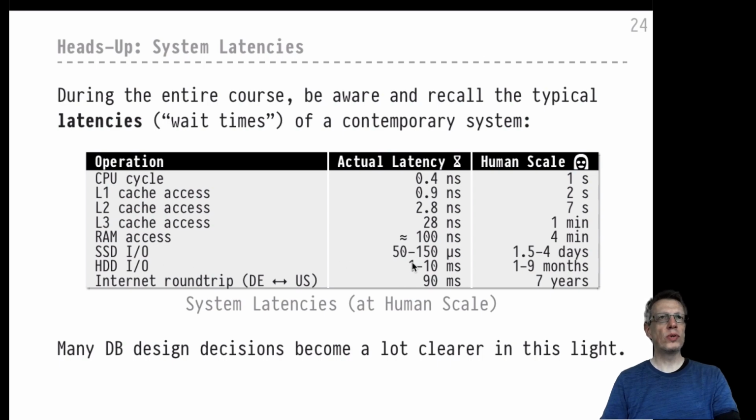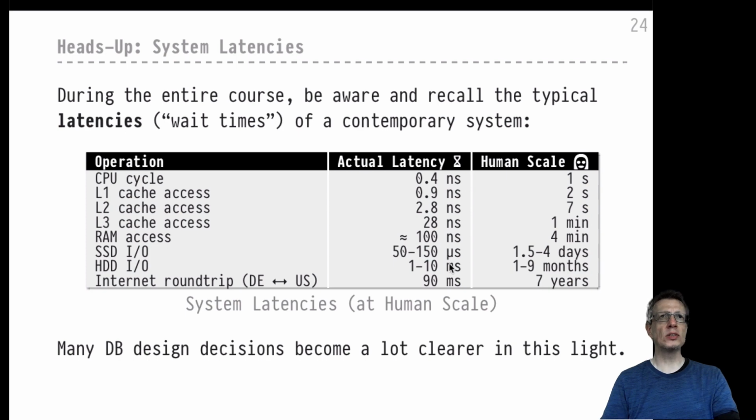So we had a seek time of 3.4 milliseconds for one of these Cheetah HDDs that really falls into the range of 1 to 10 milliseconds here. That makes sense.